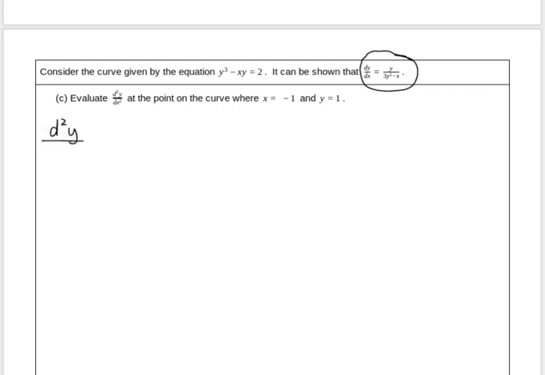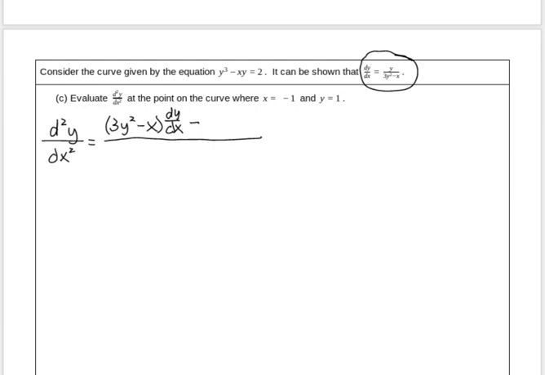So d2y over dx2 is going to be equal to, and I'm going to draw a big line here. So we know it's low d high, so low times the derivative of the top. So 3y squared minus x times the derivative of the top, which is dy dx. That's our implicit right there.